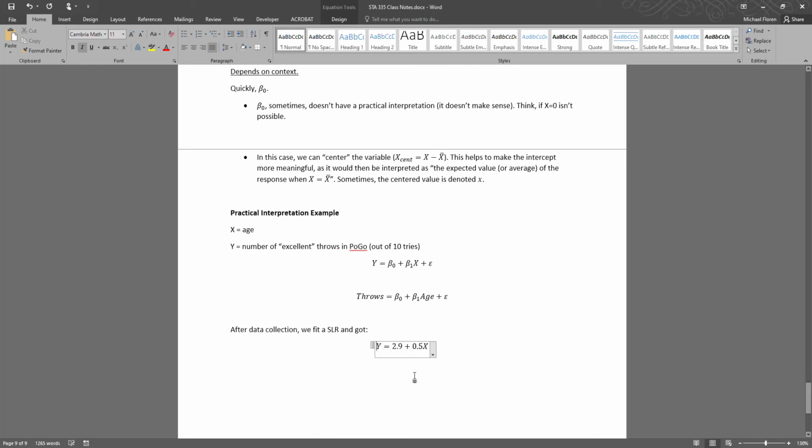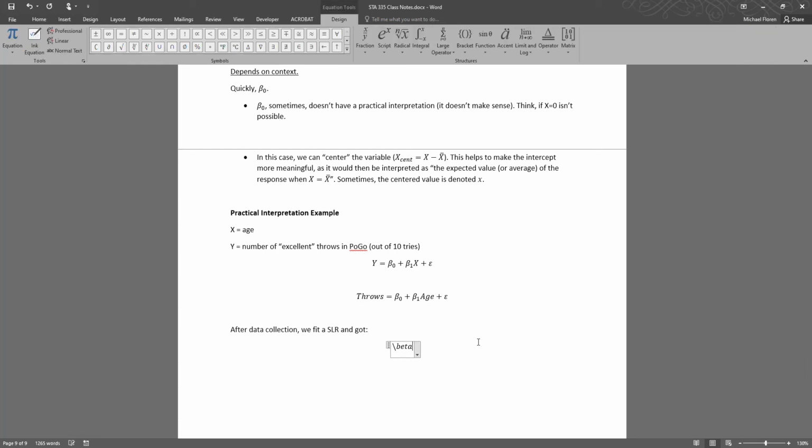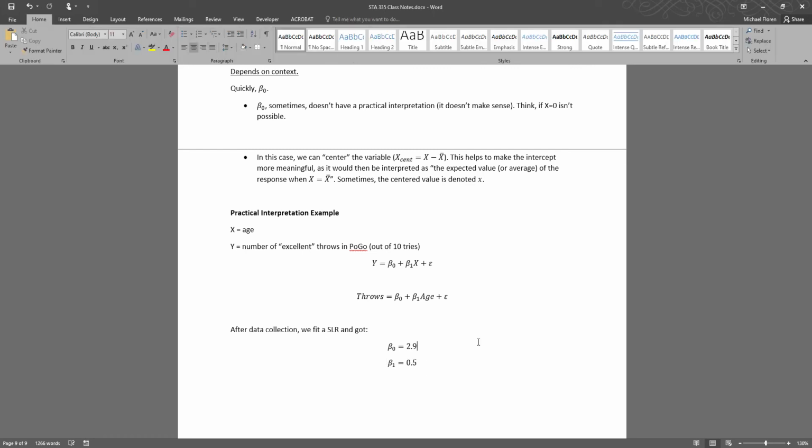So this is the model we get. In fact, let's just write this out, because there's a couple technical issues that we'll run into if we do it the other way. So beta 0 equals 2.9, and then beta 1 equals 0.5, let's say, for the purposes of our analysis, that this is true.